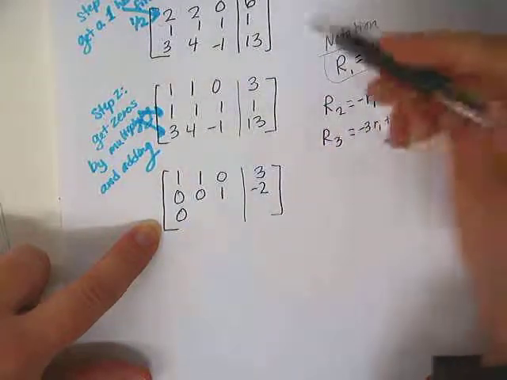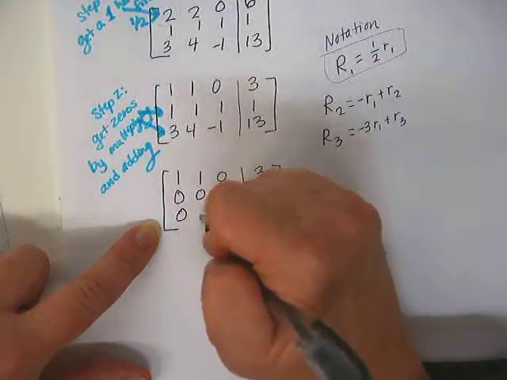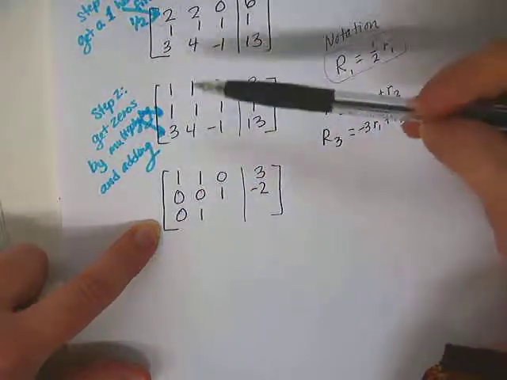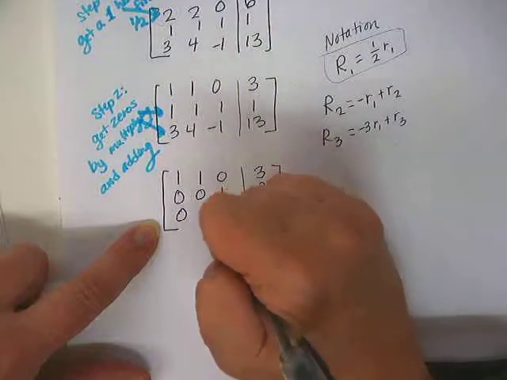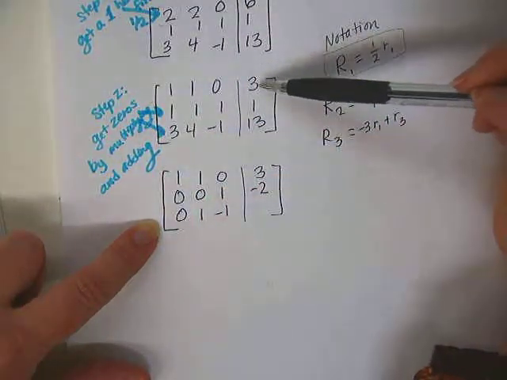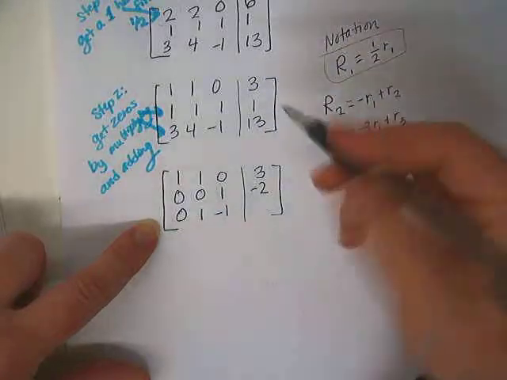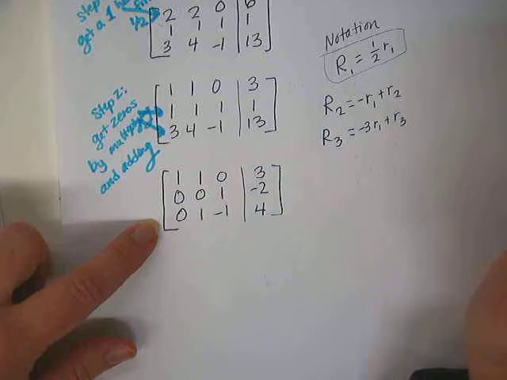Okay, so negative 3 times 1 is negative 3 plus 3 is 0. Negative 3 times 1 is negative 3 plus 4 is 1. Negative 3 times 0 is 0 plus negative 1 is negative 1. And negative 3 times 3 is negative 9 plus 13 is 4.